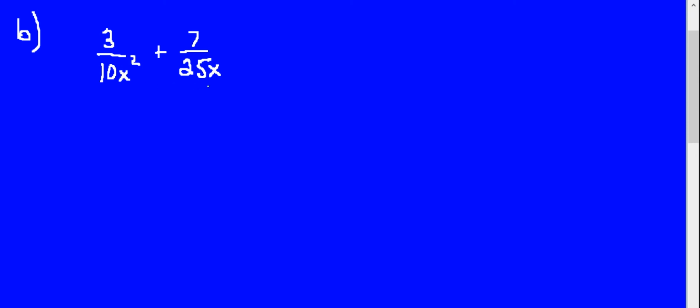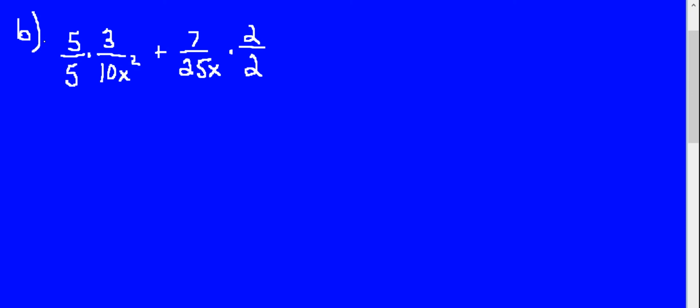Well, it looks like 10 is a multiple of 50 and 25 is a multiple of 50. So that means I could multiply this first expression by 5, making it 5 over 5, while at the same time multiplying the second fraction by 2, making it 2 over 2.